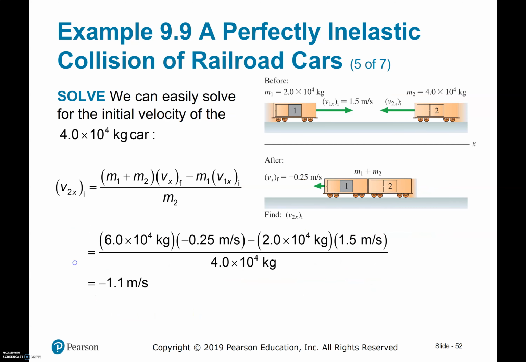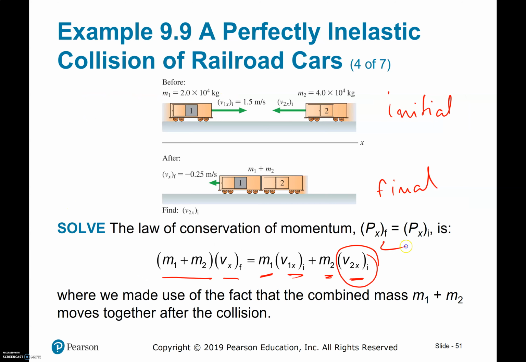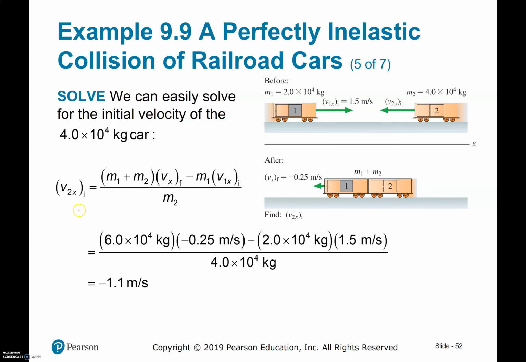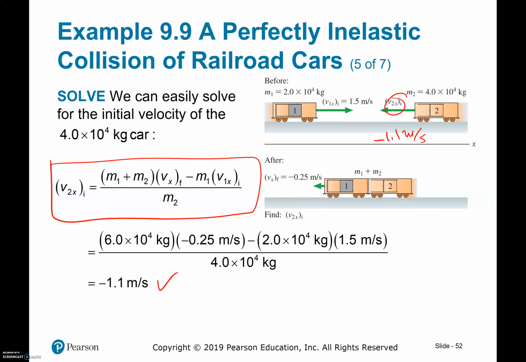So now we can do the algebra. We solve the algebra for that. This is the equation after we do the algebra. And then we put in the numbers and we get minus 1.1 meters per second. So this guy is coming at a velocity of minus 1.1 meters per second. That's that number there.